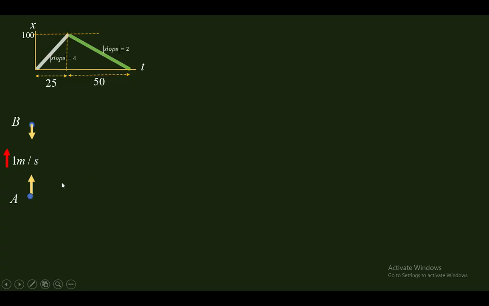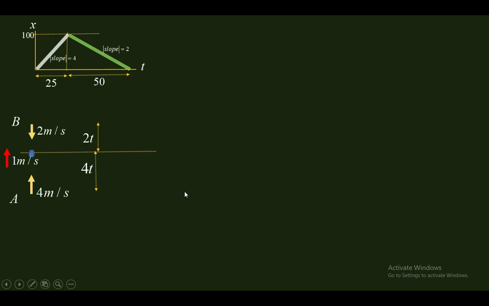As seen from outside, boy A, which is going in the direction of the conveyor belt, will have its effective velocity 4 meters per second, while that of B will be 2 meters per second. A and B will meet somewhere on this line, and suppose they meet after a time t. So B will cover a distance of 2t in time t, while A will cover a distance of 4t in the same time.